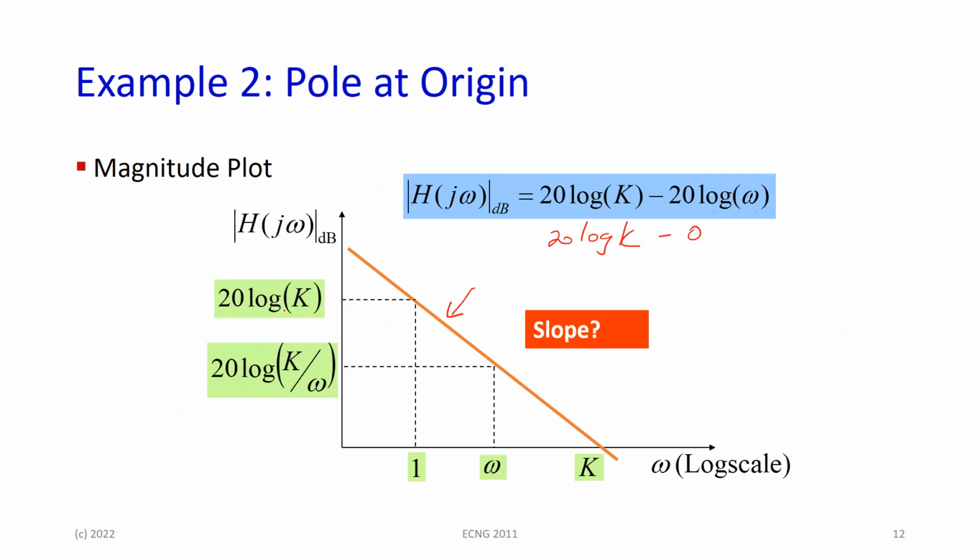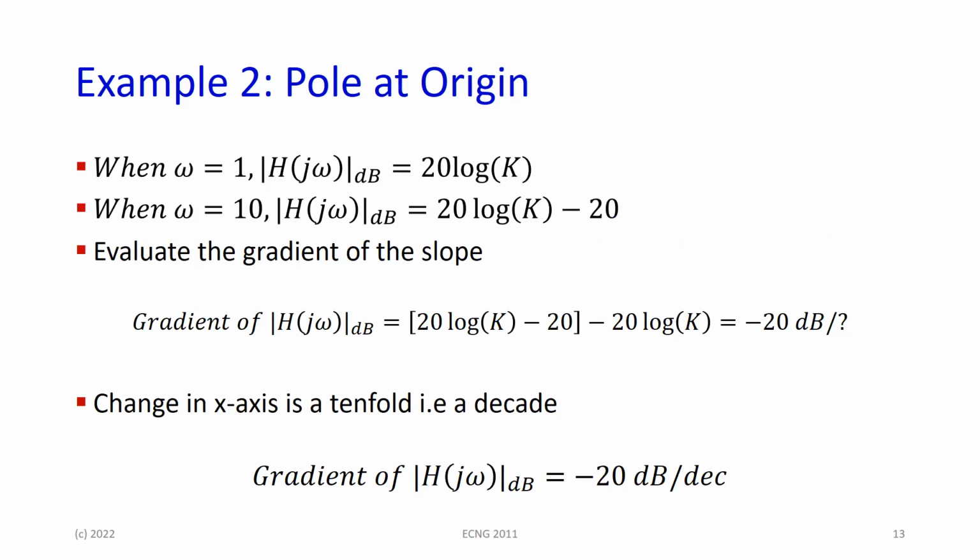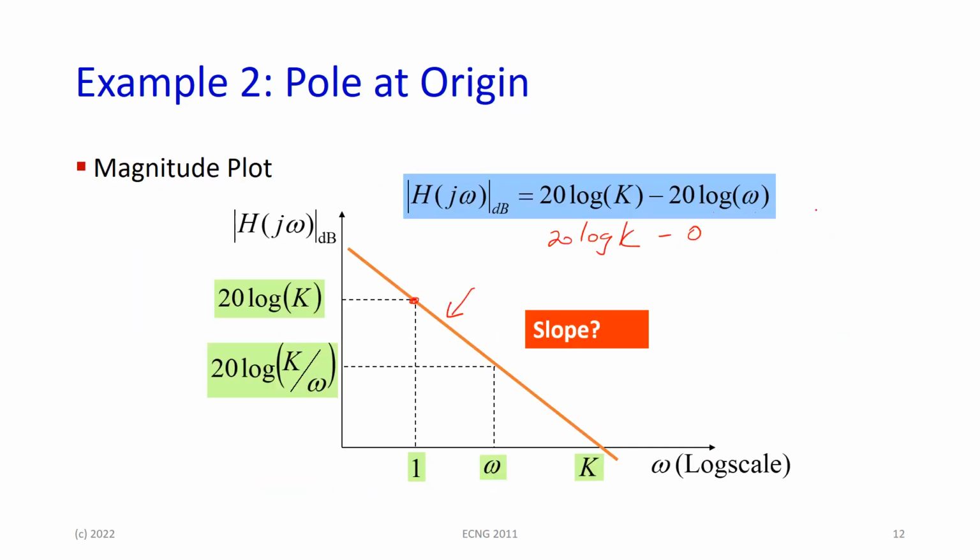So at omega equal to 1, we have 20 log K. That is the magnitude of the response. If omega is equal to 10, we are going to have 20 log K minus 20 log of 10, which is 20. So for omega equal to 10, we have 20 log K minus 20.